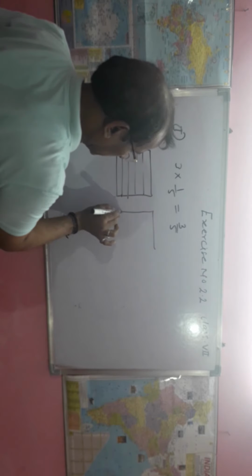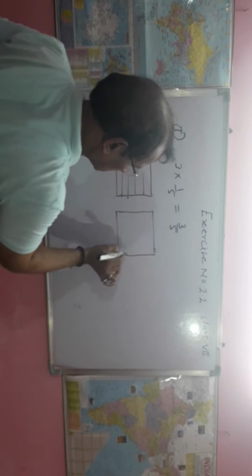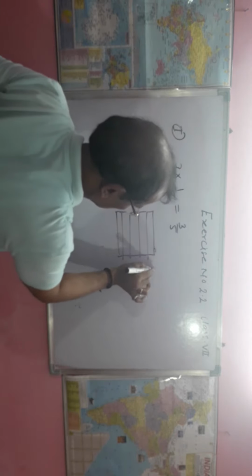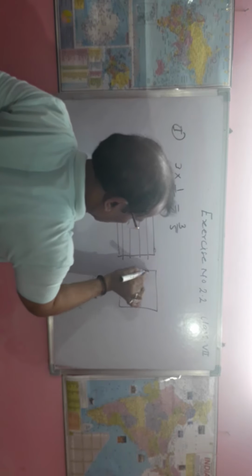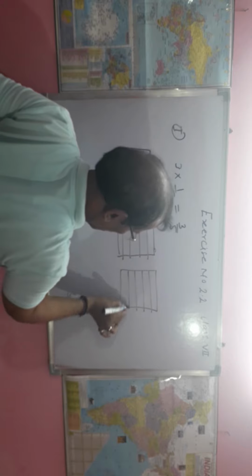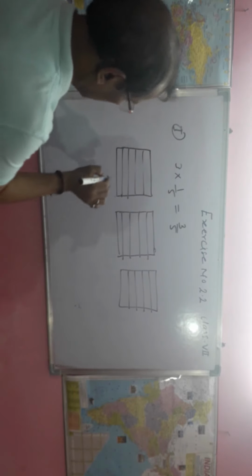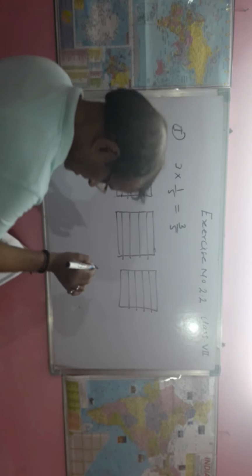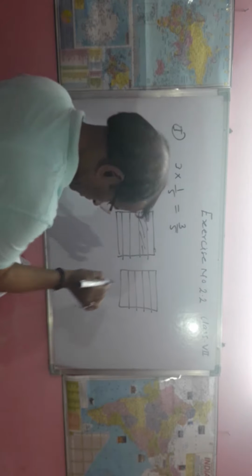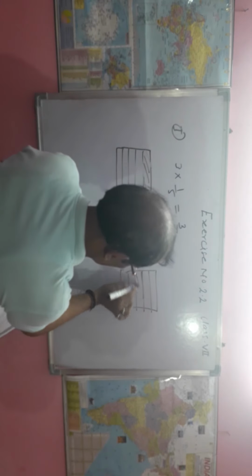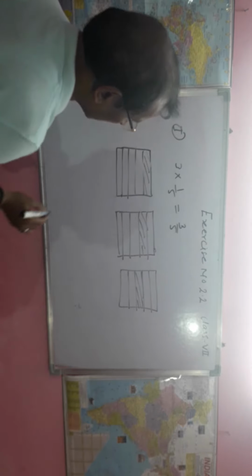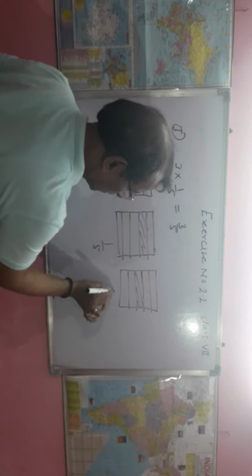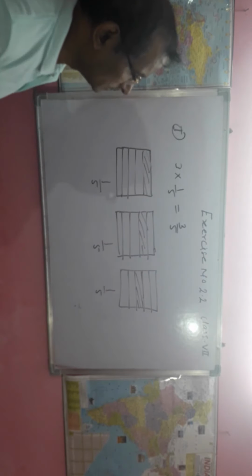Here we take 3 figures like this, each with 1, 2, 3, 4 and 5 parts. Then one part is shaded in each one. Now we can write this 1 upon 5, this is also 1 upon 5 and this is also 1 upon 5.